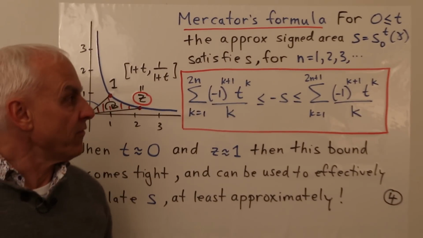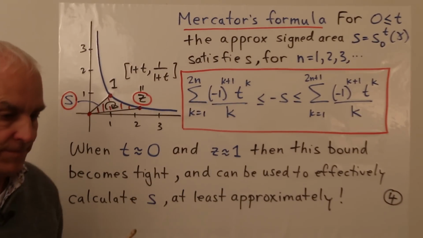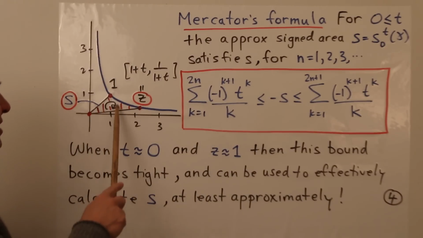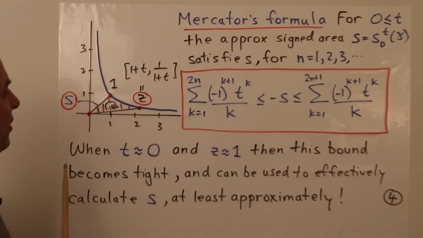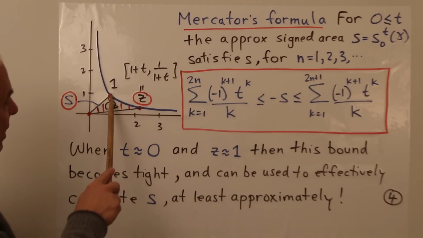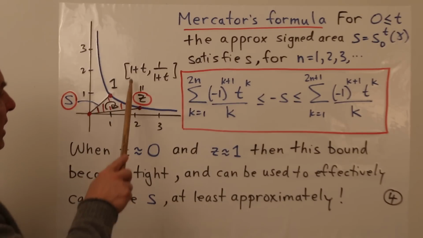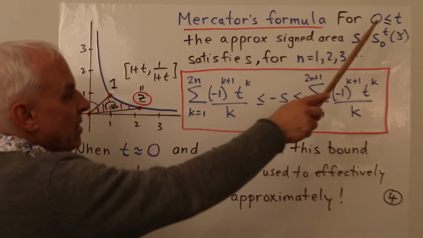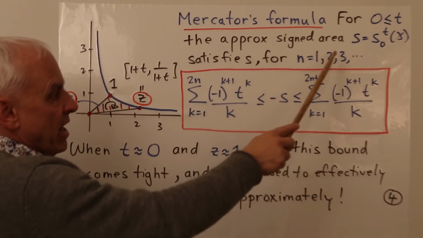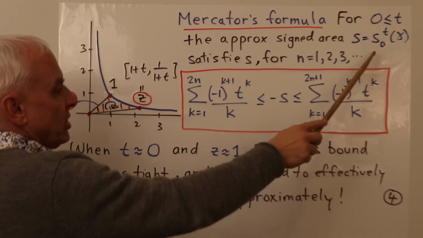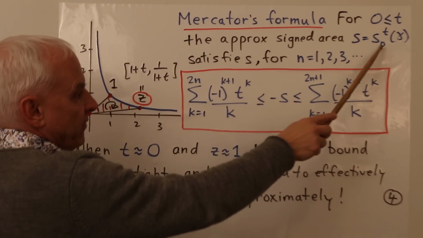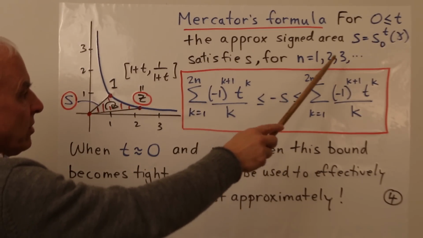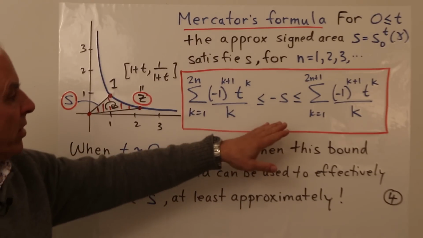So we can summarize what we've done, call it Mercator's formula. We've got an expression for the approximate signed area, S here, formed from the curve and a point 1 and a point z on it, where z is 1 plus t, comma 1 over 1 plus t. So for t positive, the approximate signed area, S, which is the signed area from 0 to t of gamma, satisfies, for n equals 1, 2, 3, etc., the following inequality.